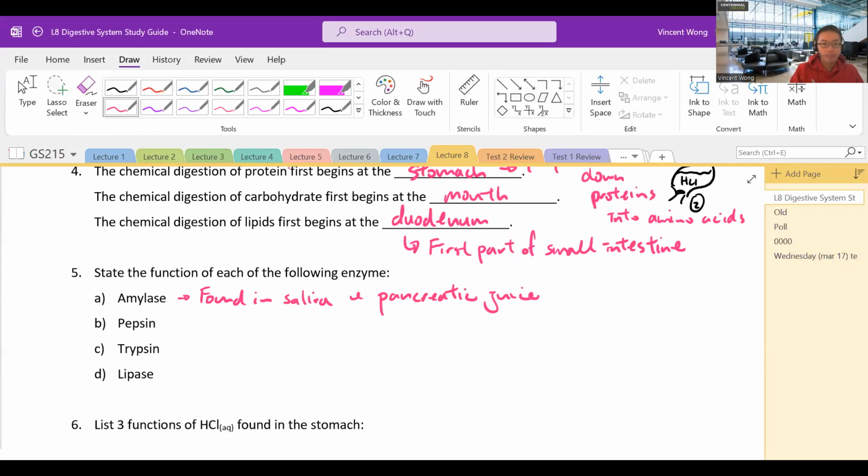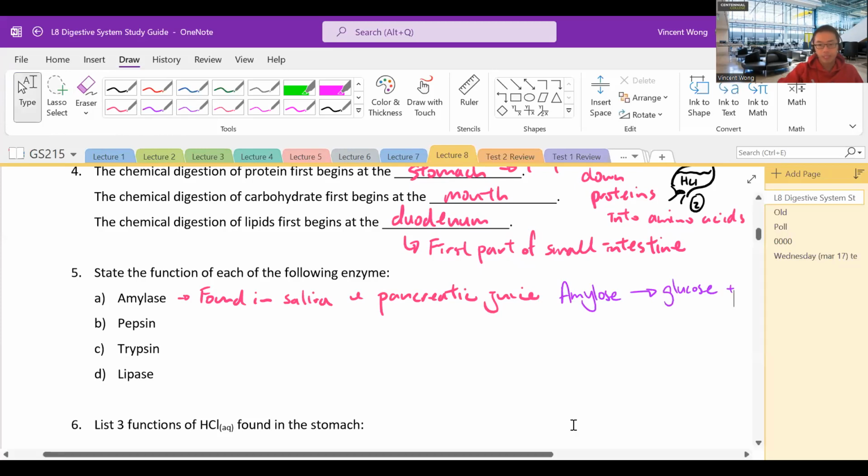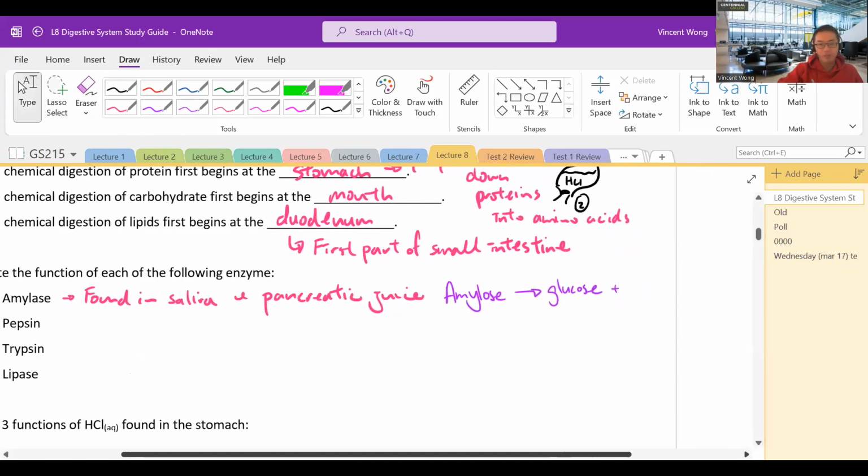And what does it do? Well, as the name implies, amylase is going to take amylose and break it down into glucose. Again, it doesn't have to be individual glucose.